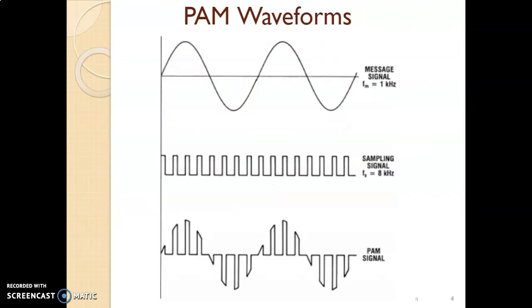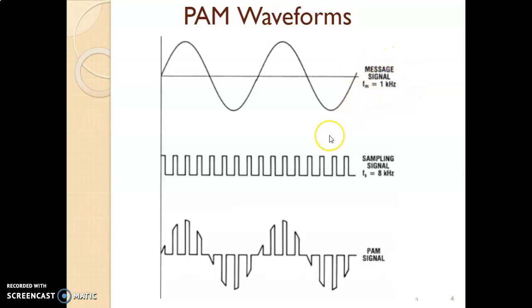So these are the waveforms for PAM. This is our original information signal, that is our message signal, which is still an analog sine wave. Our carrier signal is in the form of pulses. You can clearly see the frequency. This frequency is 1 kilohertz. This frequency is 8 kilohertz, which is much greater than twice the modulating signal frequency.